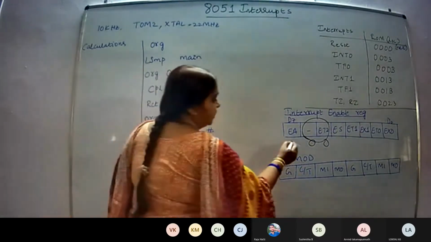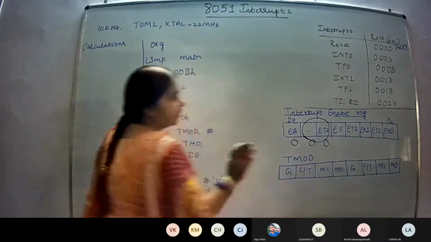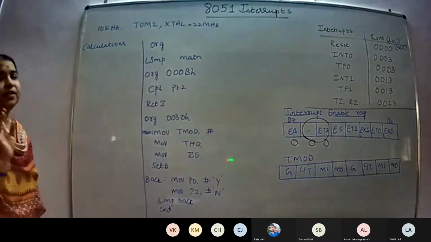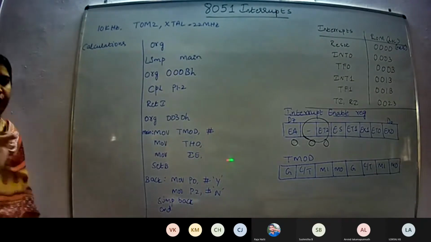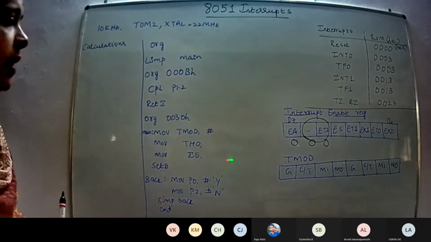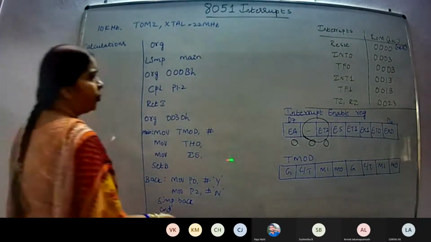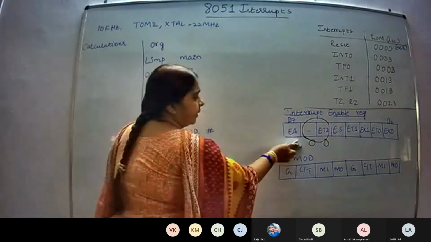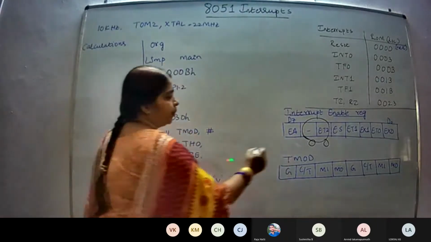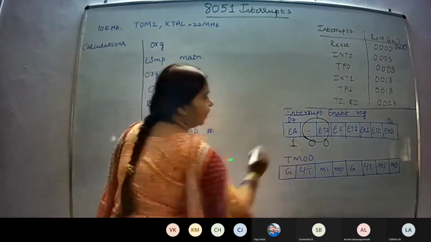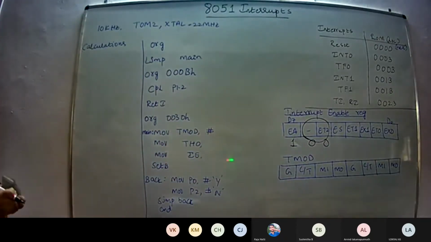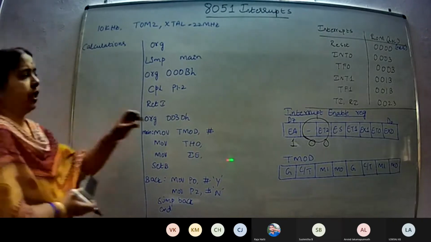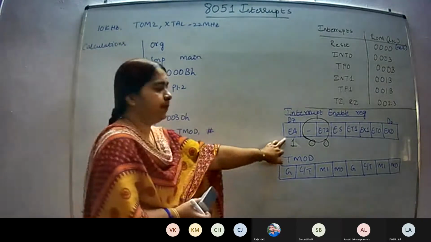If it is set to 0, no interrupts will be acknowledged, meaning no interrupts will be activated. Only if it is set to 1 will the interrupts be activated. So if you want to activate any interrupt, EA should compulsorily be 1. If they ask how to disable all the interrupts, you just clear this bit.